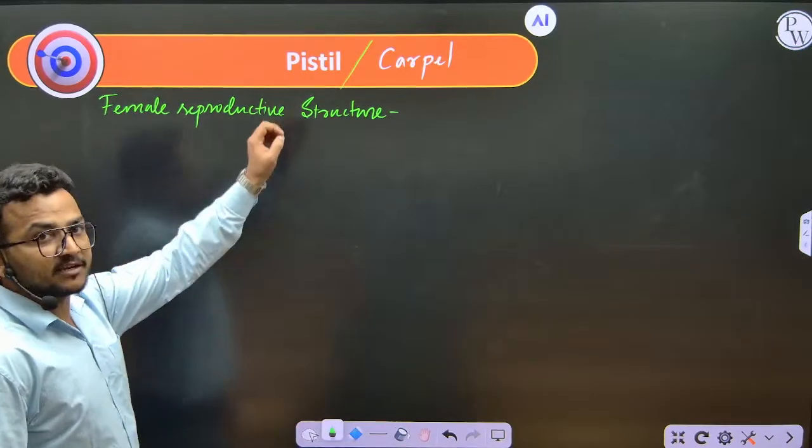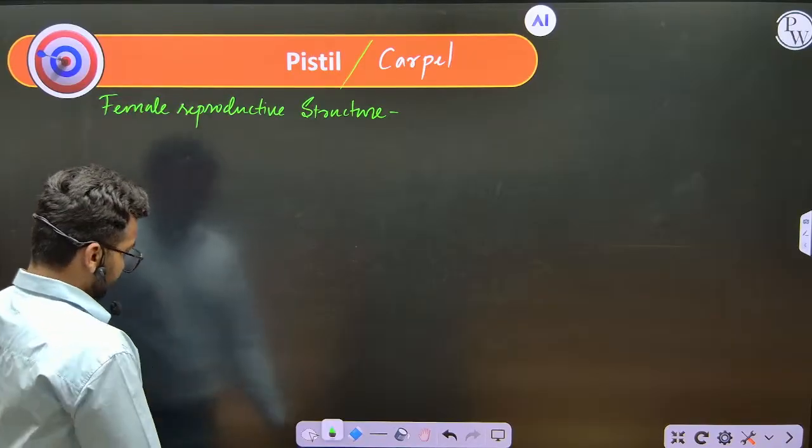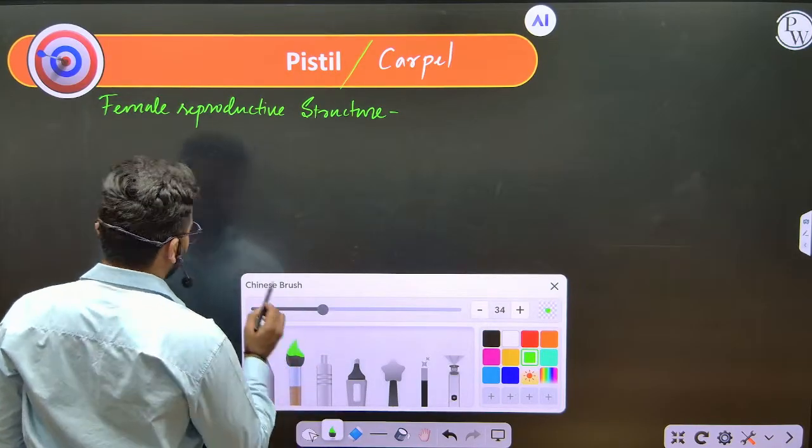Female reproductive structure, that is pistil or carpel. So what is the pistil composed of?